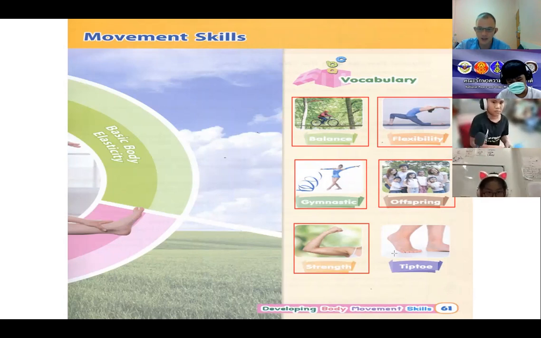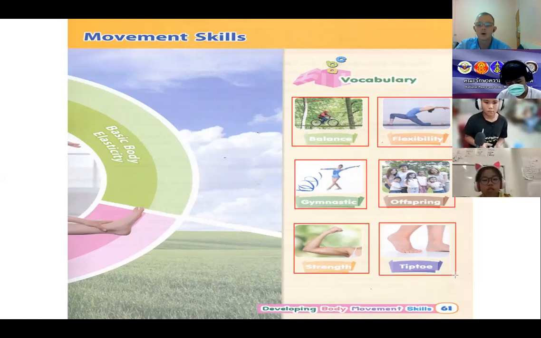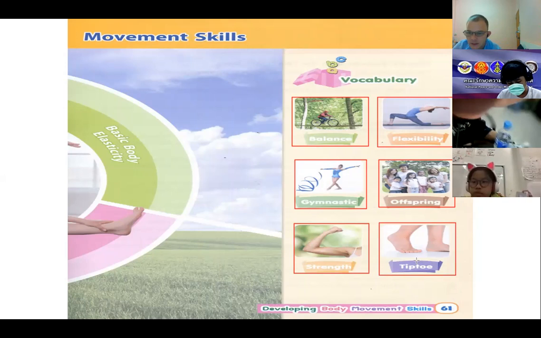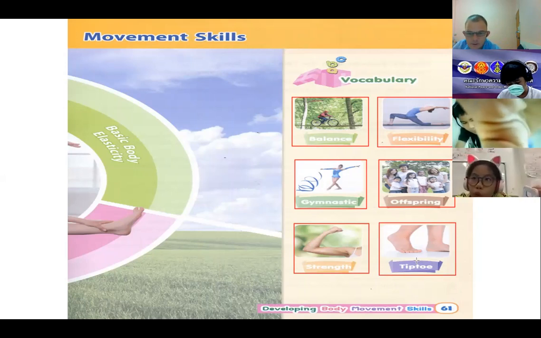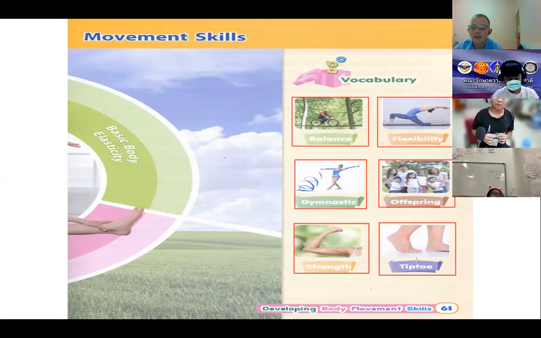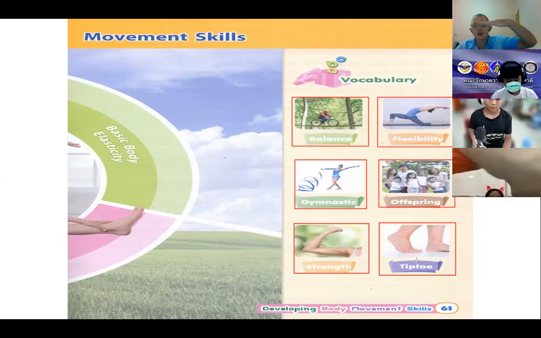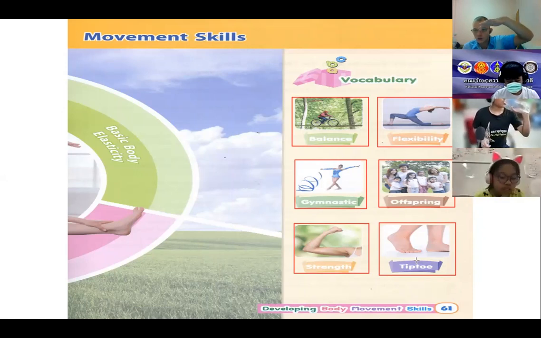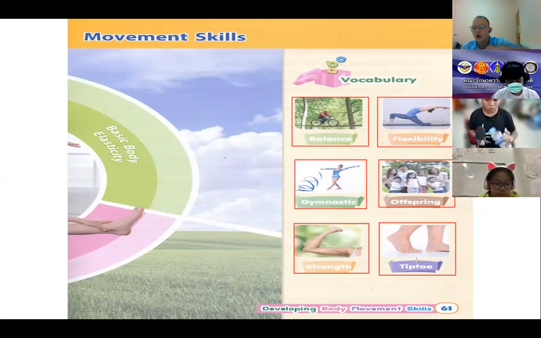And this is one that gymnastics do, tiptoe. All together, tiptoe. Tiptoe. Yes, very good. So what does tiptoe mean? It means if this is your foot and these are your toes, you only walk on your toes, on the tip of your toe.